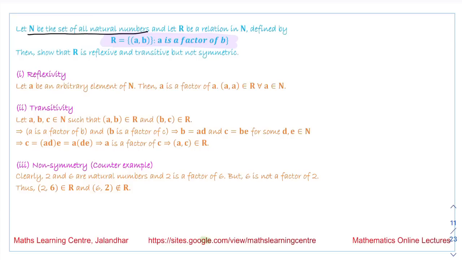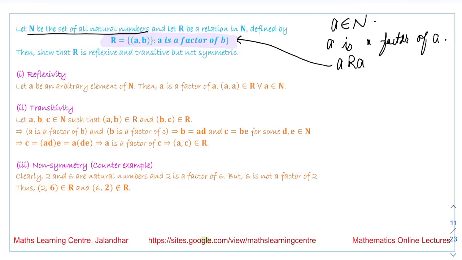If we consider a natural number A belongs to N, then we know that A is a factor of A. It means A is related to itself by this relation, and this gives us that R is reflexive.